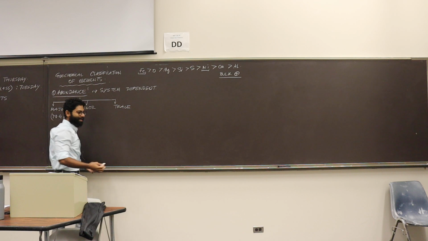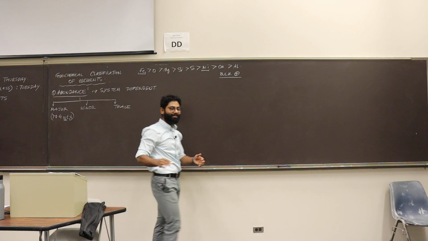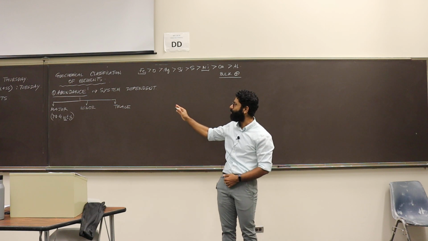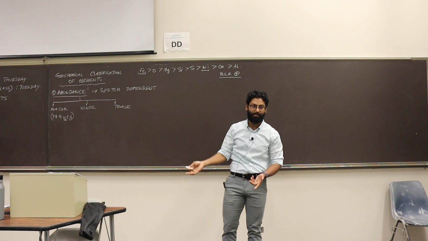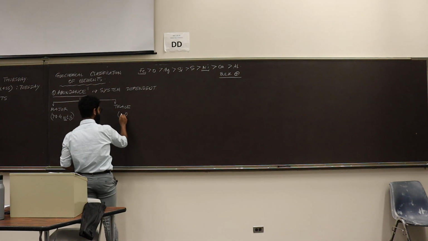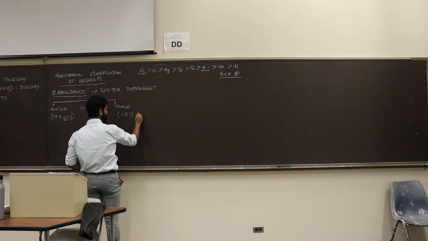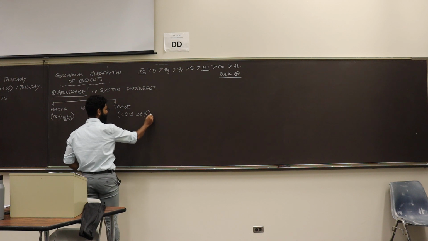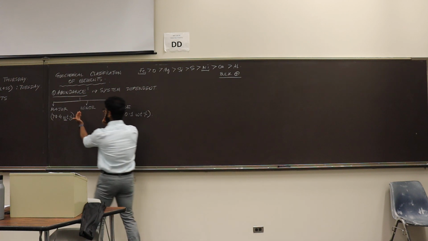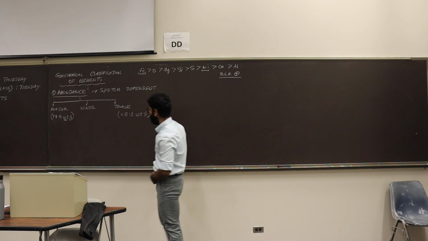That means what is major in some system might not be major in some other system. Anywhere in between, the minor is like 0.4 to 0.1%.